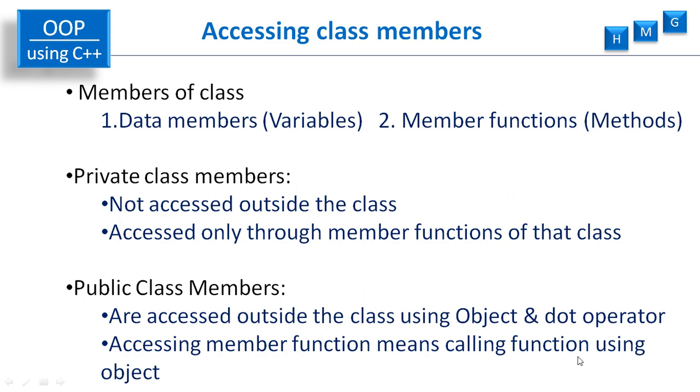What do we mean by accessing a member function? Accessing a member function is nothing but calling the member function. In C language, we call a function with the help of its name only. In C++, the member functions are called using the object and dot operator. Let us see how the object and dot operator is used to call or access a member function.